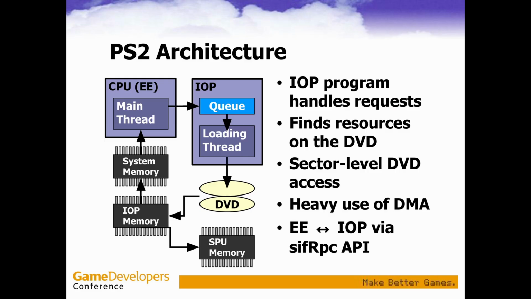So again, there's a queue, and lots of DMAing of data around, because there's potential for things like sounds to be loaded into SPU memory directly instead of going through system memory. All the I/O on the PS2 goes into IOP memory directly, so you can keep sounds and things out of main memory, and the main CPU never has to deal with that memory.